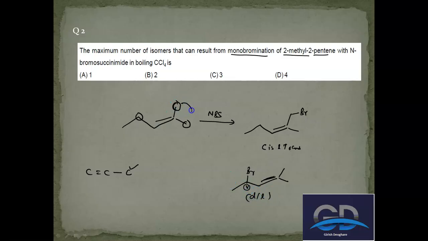Note that these two replacements are the same, these two are identical, and therefore we have to consider only one of the two. So when these are replaced, we can have geometrical isomerism, and when this hydrogen is replaced, then we can have the enantiomeric pair. So total would be 4. Answer would be D for this particular question.